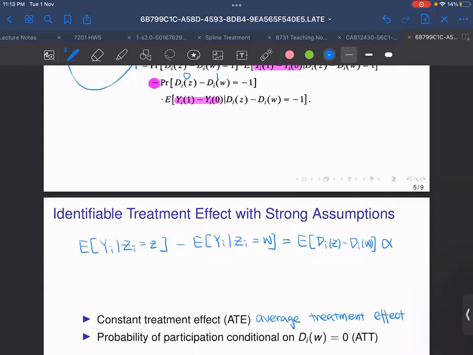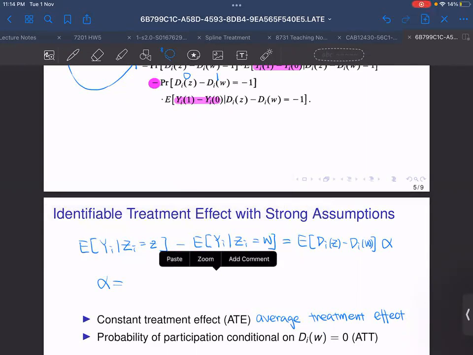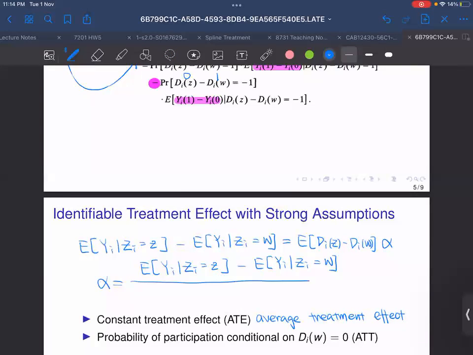All right, if it's a constant, then we know that we can write alpha as the difference between the expectations of Yi given Z equals small z or small w, divided by the expectation of Diz minus the expectation of Diw. All right, so what does this mean?